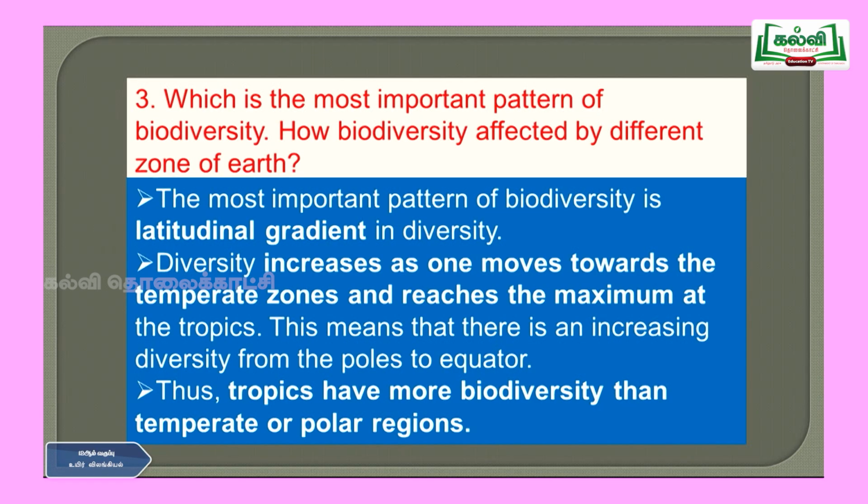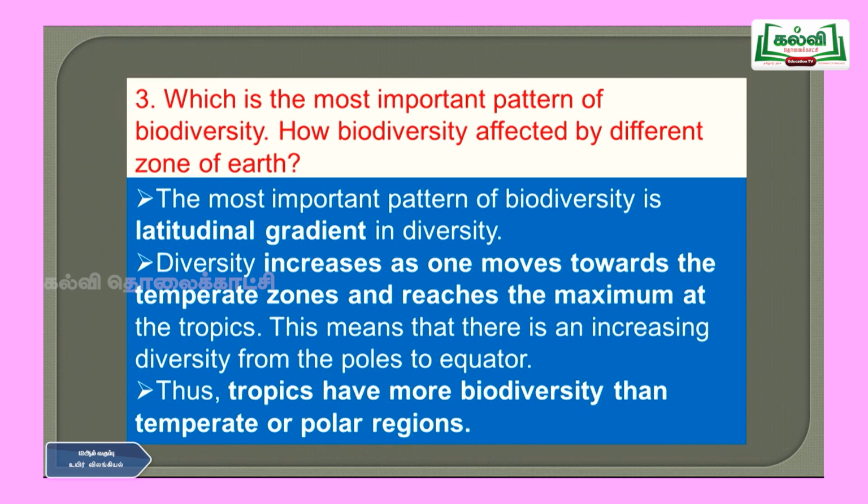Then the third question, what is the most important pattern of biodiversity and how is biodiversity affected by different zones of the earth? The most important pattern of biodiversity is the latitudinal gradient in diversity. Diversity increases as one moves from the poles towards the equator and reaches the maximum at the tropics. So temperate zones are away from the equator, and the tropics are near the equator.